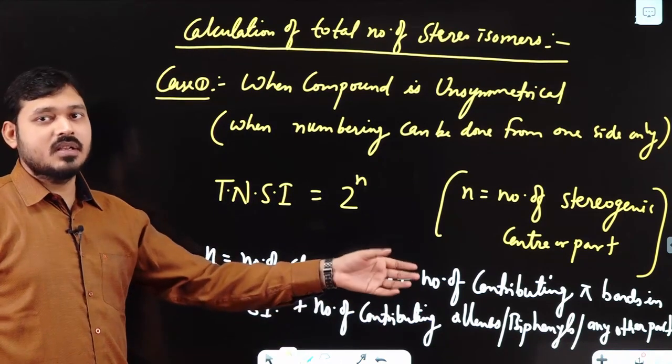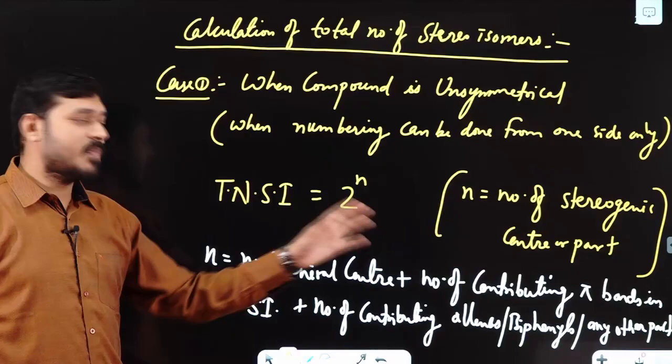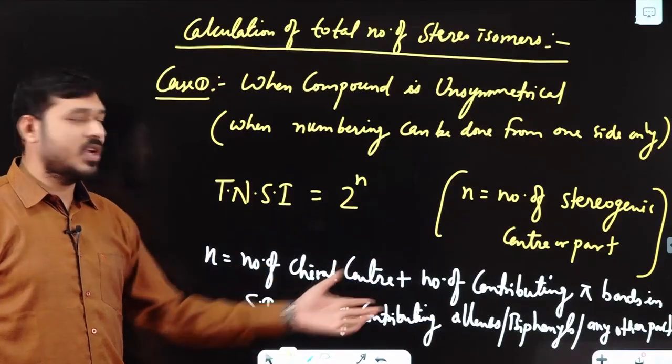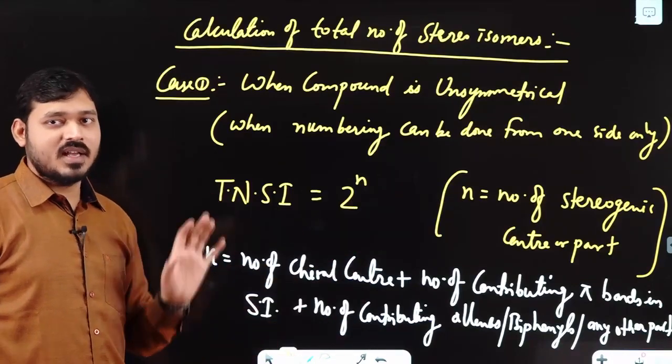Clear? Any other part may be alkylidenes, cycloalkanes, spiranes, spiro compounds, cumulenes, and any other case, any other part.